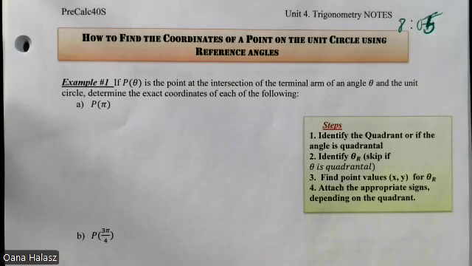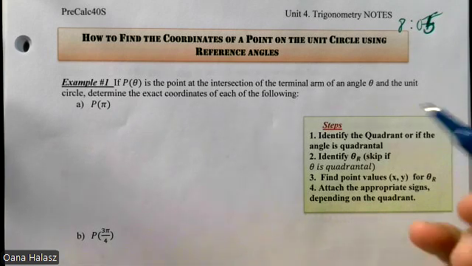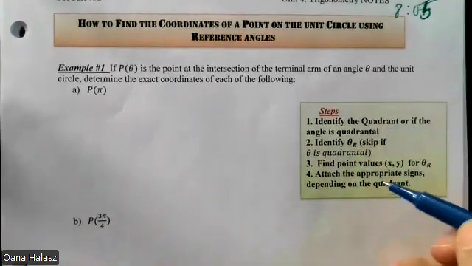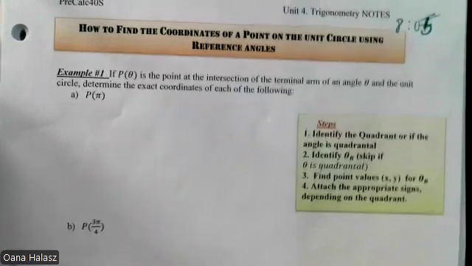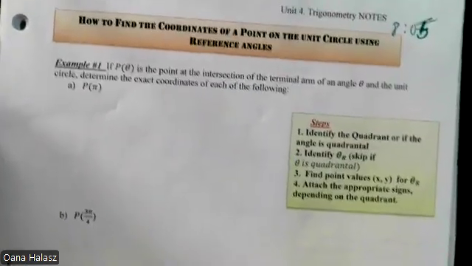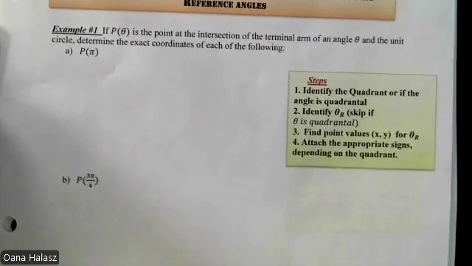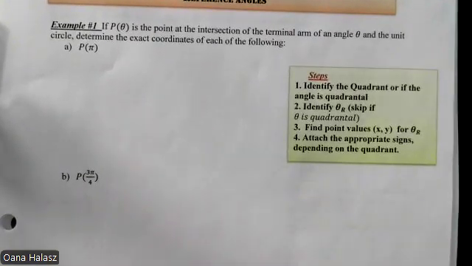Let's do example number 1, how to find the coordinates of a point on the unit circle using reference angles. This is going to be our normal approach for these questions. These are the steps that you can go through, not necessarily always in this order, but you need to know the parts of those steps of answering these questions.